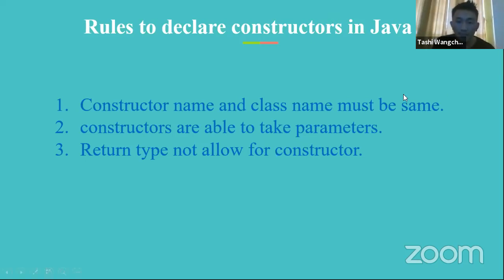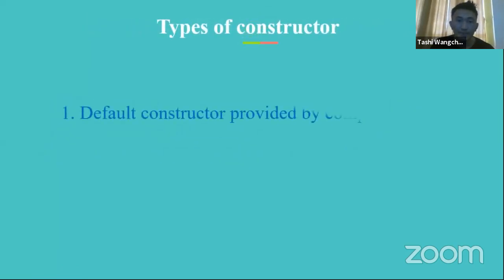Now, coming next, types of constructor. Similar to methods, we have types of constructor. There are two types. The first one is the default constructor, which is provided by the compiler. By now, you should know what happens during compilation and what happens during execution.